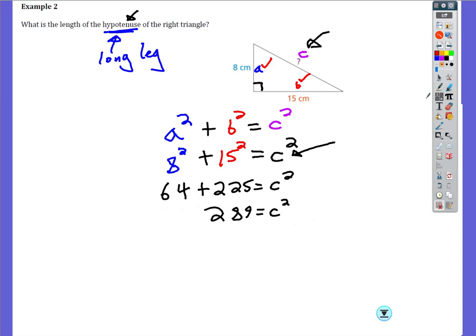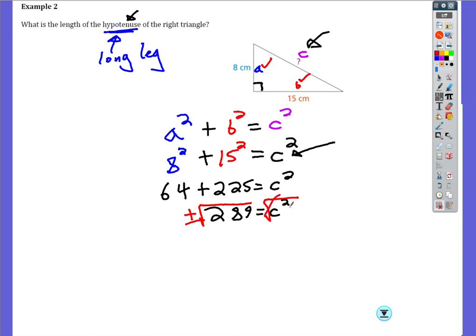And now we use that skill we learned all the way back in topic 1: what happens if I have to undo a square here? Well, the inverse operation of a square is just a square root. So let's square root both sides. And remember, if we square root, we get the positive and the negative solution. So just for completeness' sake, we're going to add that plus or minus.